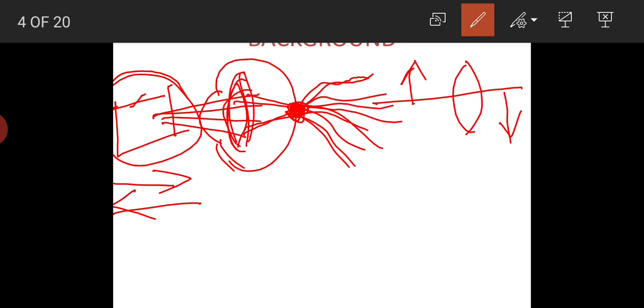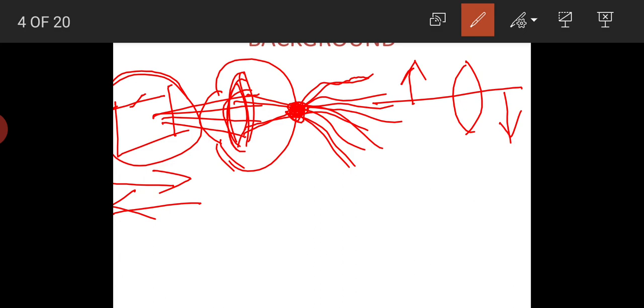This process of changing the focal length in order to ensure that the image is always formed on the retina is called accommodation of the eye.